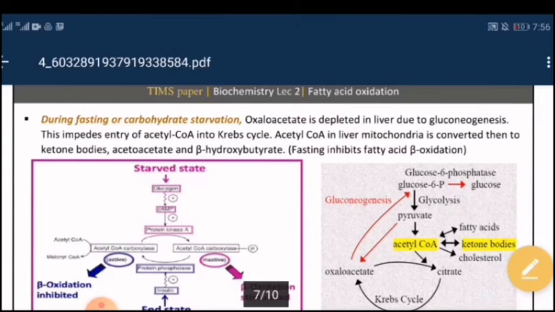Ketone bodies will be discussed in the next episode, don't worry. However, all this leads to inhibition of fatty acid beta oxidation. And so during fasting, no fatty acid beta oxidation occurs, and instead we need gluconeogenesis.